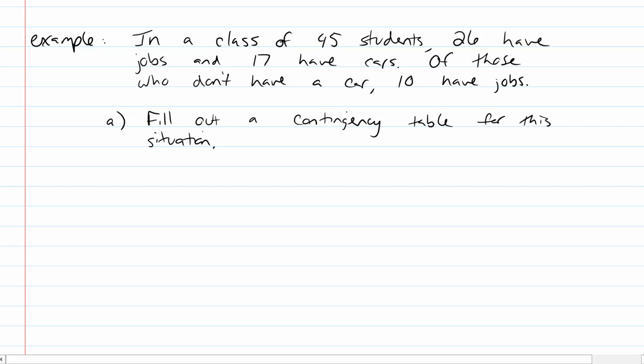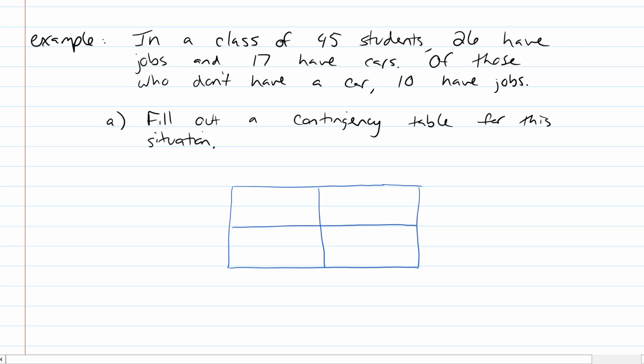Okay, so we're going to create a little table here. Can't draw straight lines today. And then you can choose where the jobs go and where the cars go, but I'm going to declare that across the top we've got jobs and no jobs.